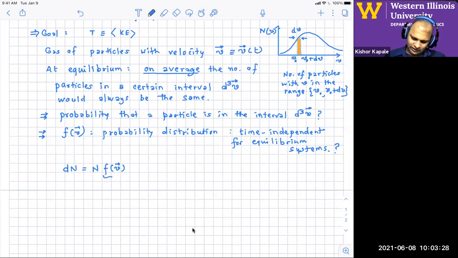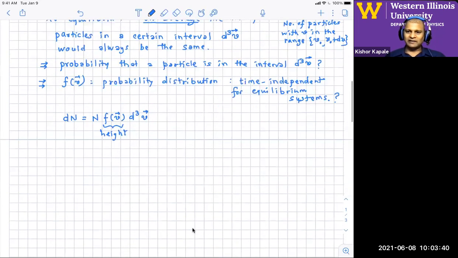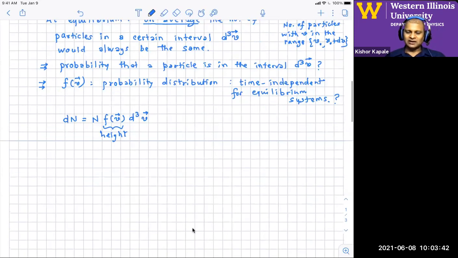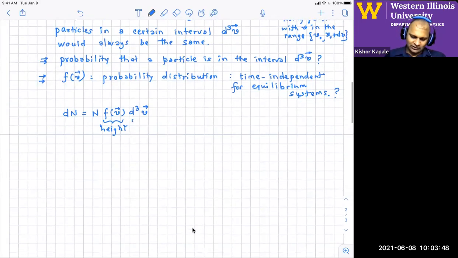So what I'm going to write here is the height of the distribution times the width. The width in three-dimensional space is going to be d cube v. So everybody with me? Why do you have this kind of a structure? Again, this is kind of coming from heuristic arguments, but you kind of have to understand what's going on. That's why it is connected with area, right?